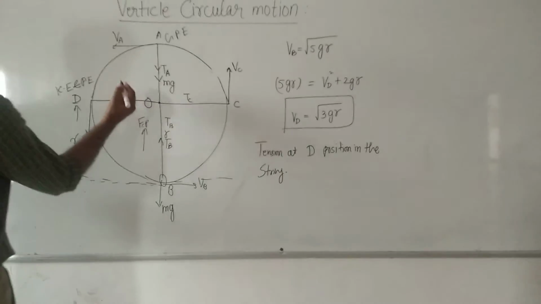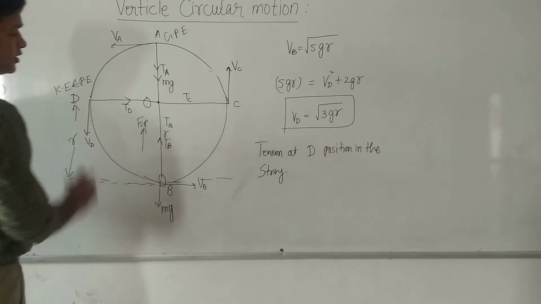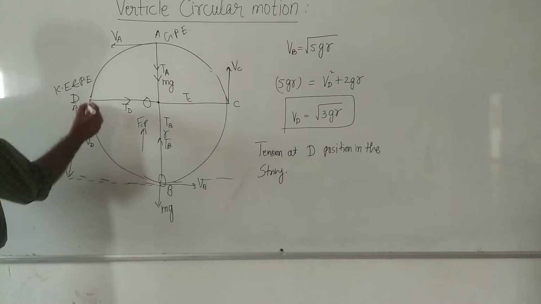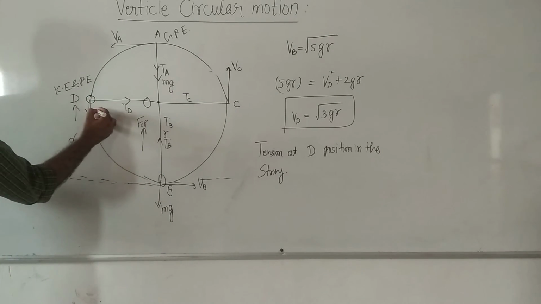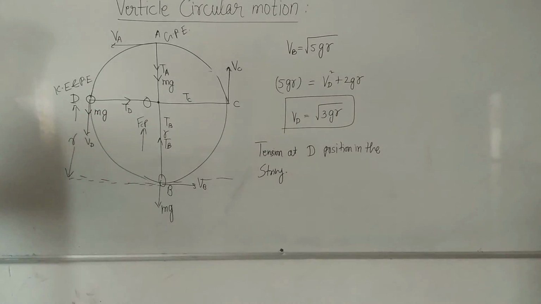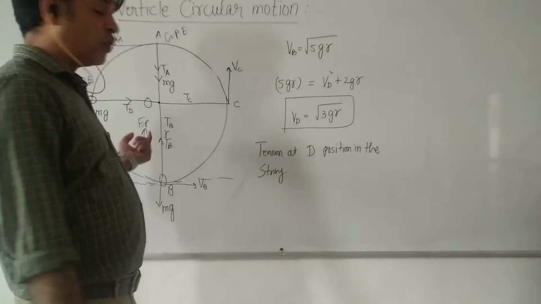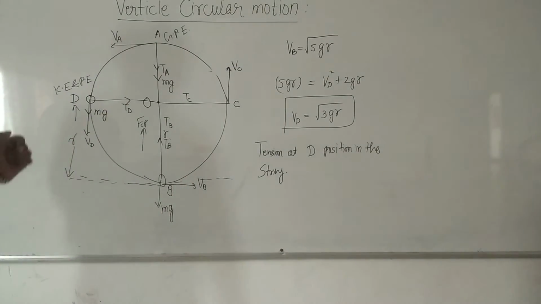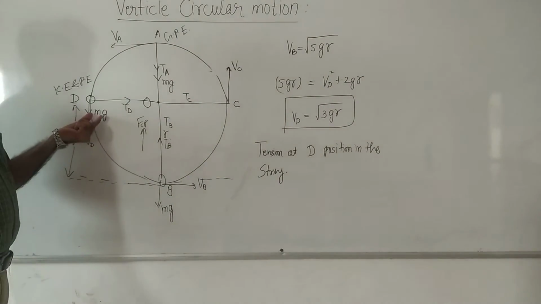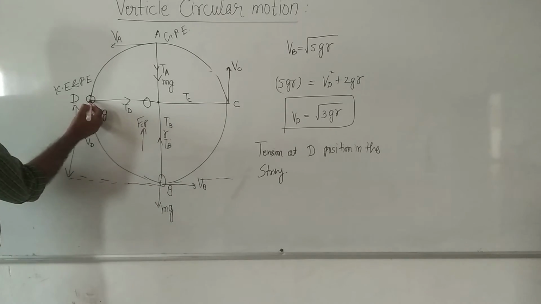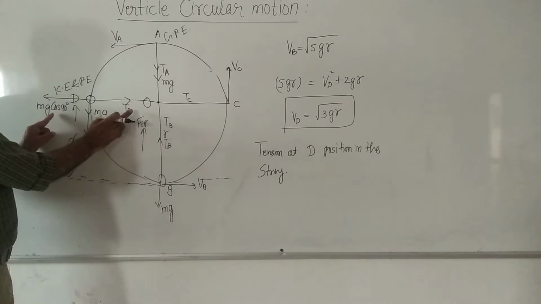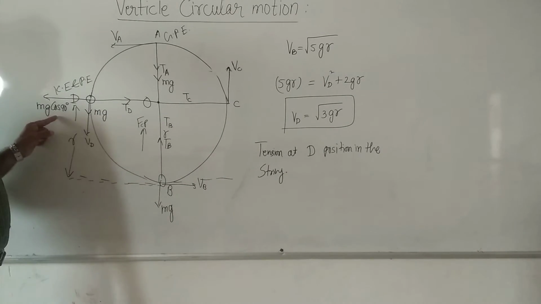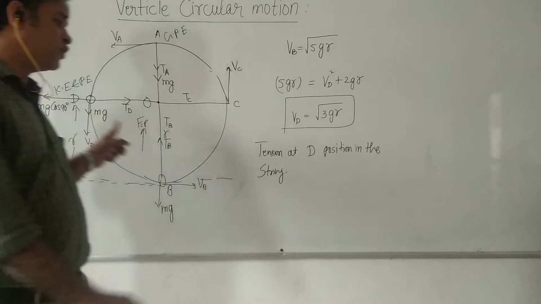We know tension is toward the center, and weight of the stone mg is downward, and direction of motion of the stone is also downward. So first we find the weight component in opposite direction of tension. This is mg cos 90.